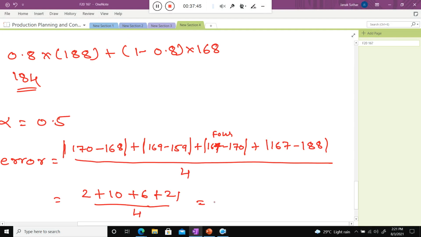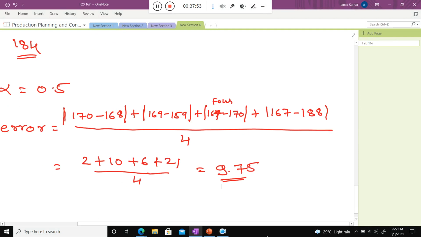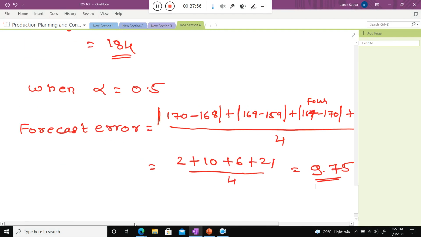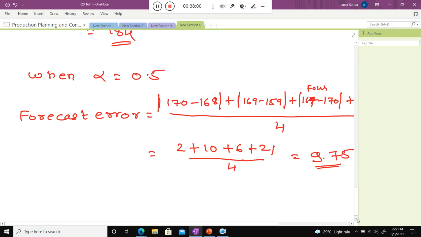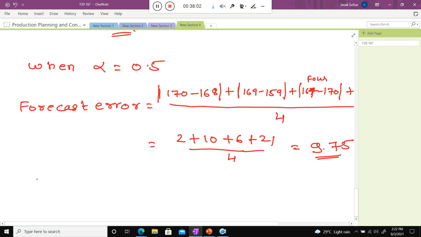This is the mode 176 minus 168 plus 170 minus 159 plus 161 minus 170.